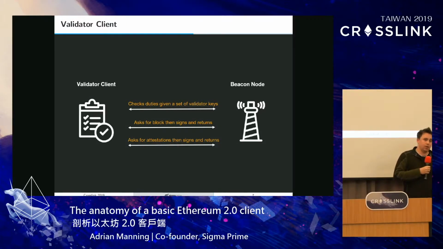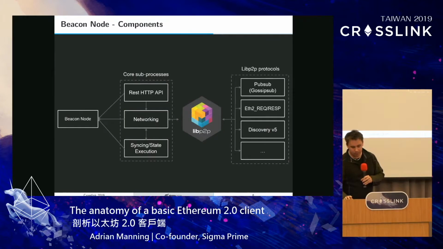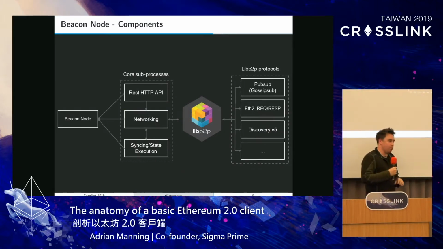So you can have a Lighthouse validator client connected to a Nimbus beacon node if you prefer. You can also have a validator client connected to many beacon nodes for redundancy. So if one of those goes down, you don't start losing money, because you can have backup beacon nodes.